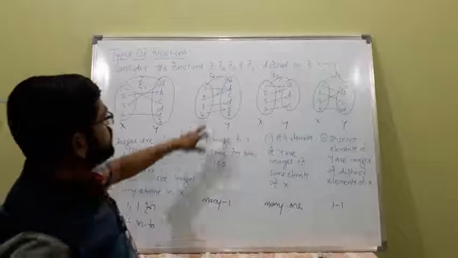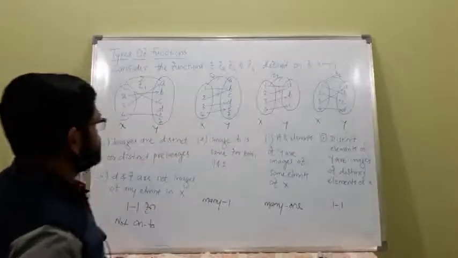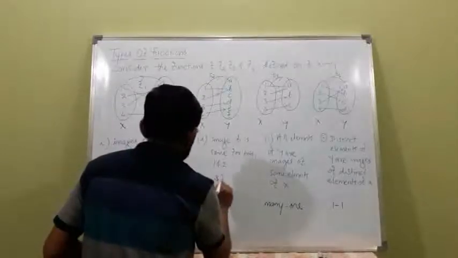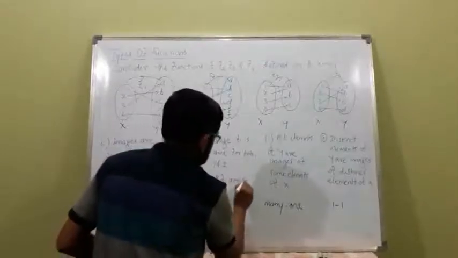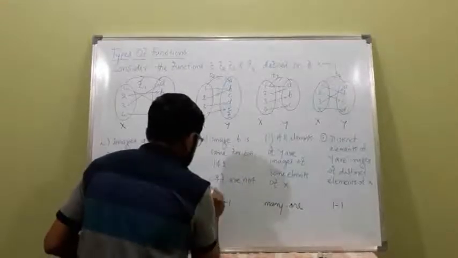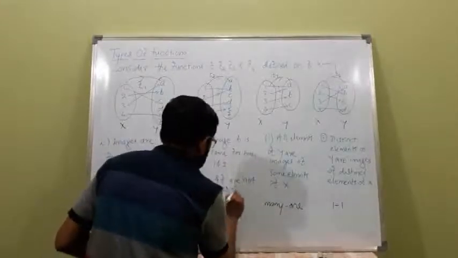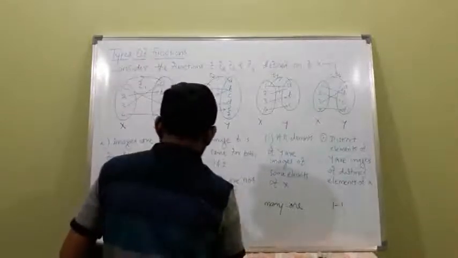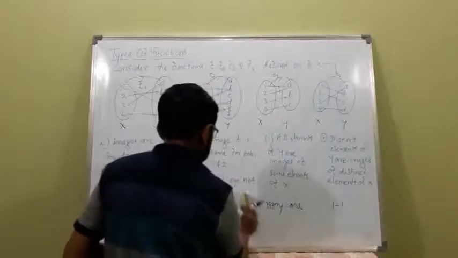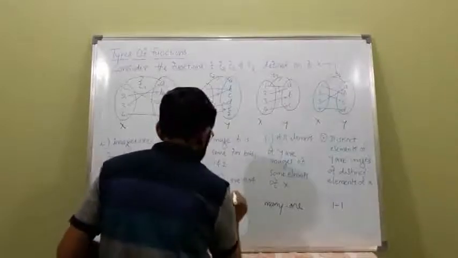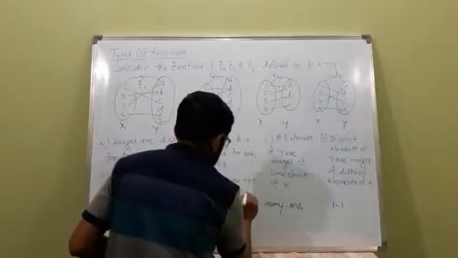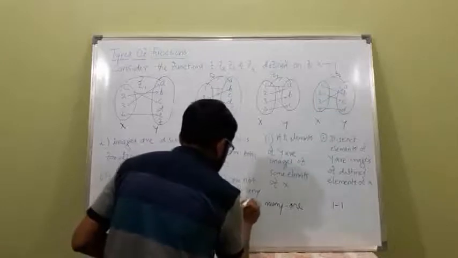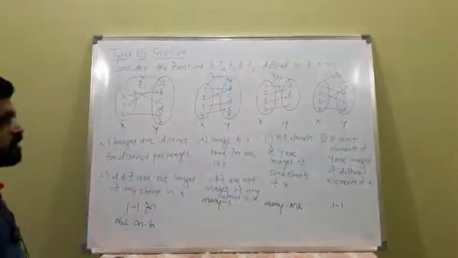Here again C and F are left out. C and F are not images of X. Please try to understand.